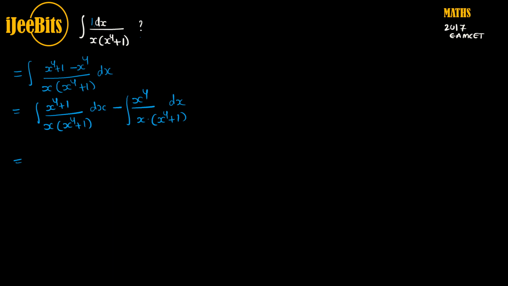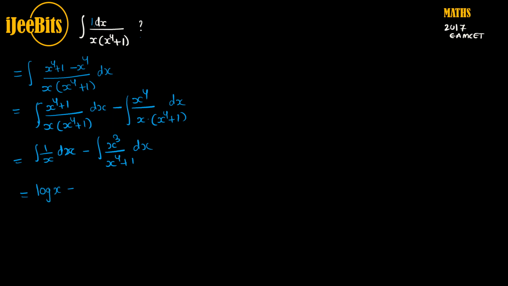These two cut, so we have only 1 by x left over, integration of 1 by x dx. Do the same thing here: x to the power 4, if I cut short, integration of x cube divided by x to the power 4 plus 1 dx. Now this is a straight log x, no doubt in this.